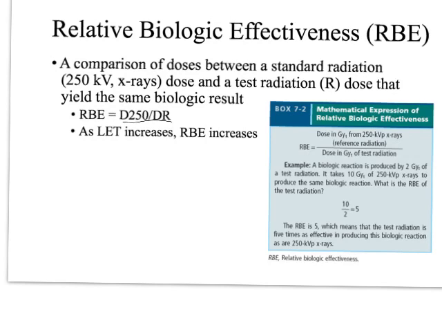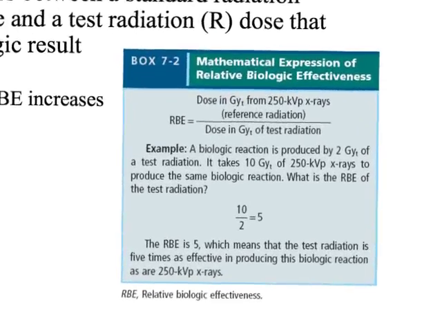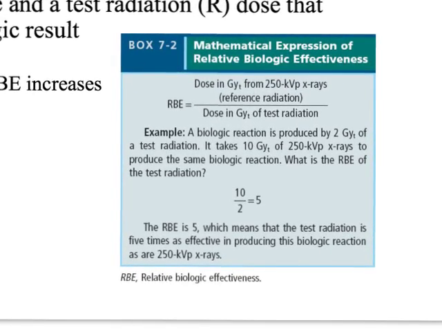The book gives us in box 7.2 a way that a formula or a problem could be worked like this. So we have a dose in gray from 250 kilovolts that will produce, for example, cataracts or something like that. And then say we have a dose of alpha particles that also produce cataracts. We'll divide those by each other and come up with the relative biologic effectiveness.